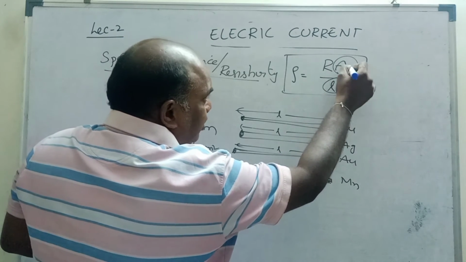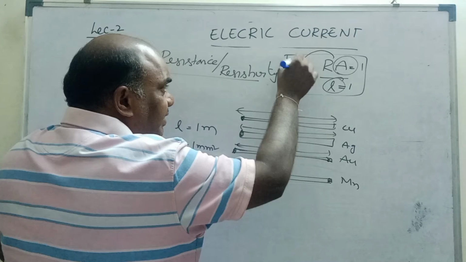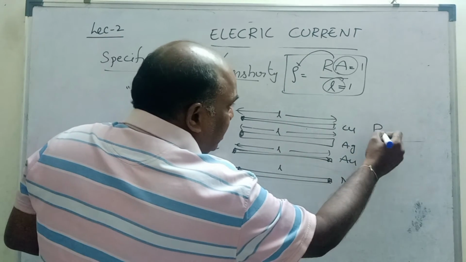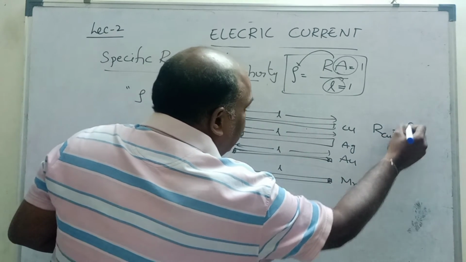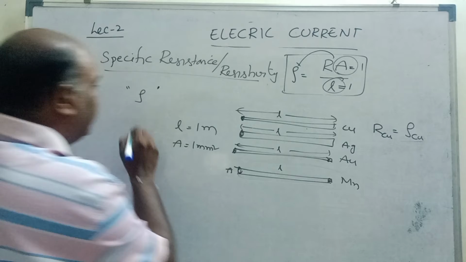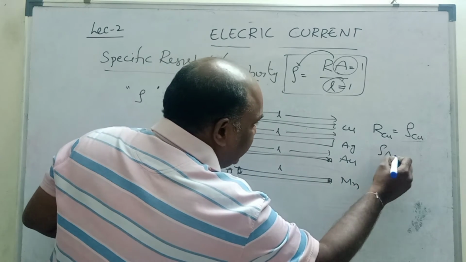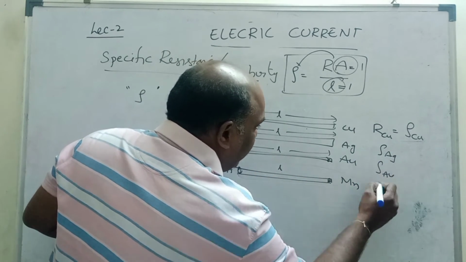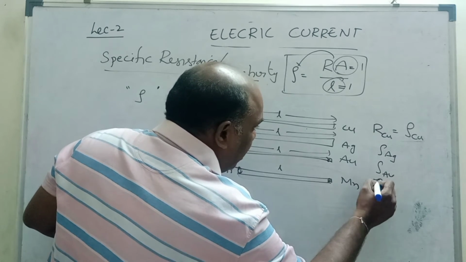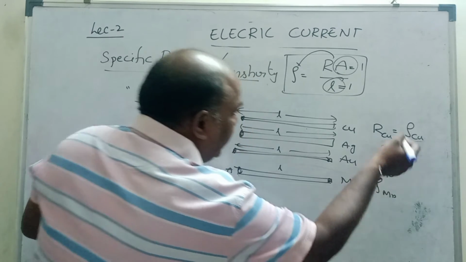Then the resistance of copper is called its resistivity. Resistivity of copper, resistivity of silver, resistivity of gold, resistivity of manganese.